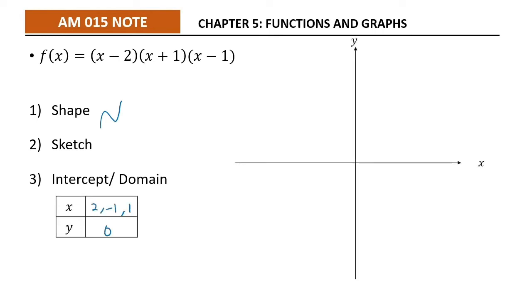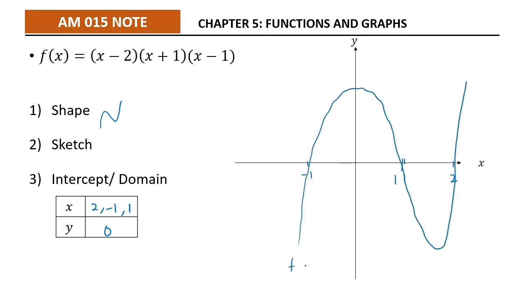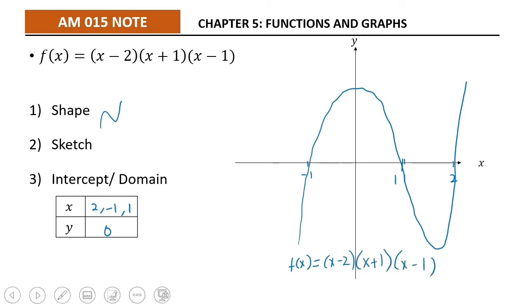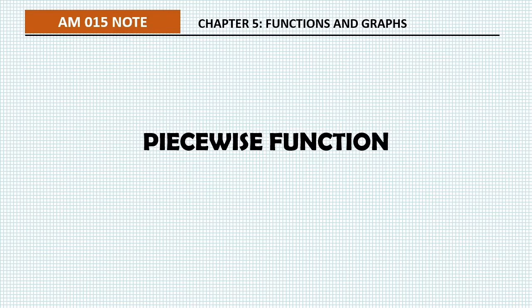Sketch graph: negative 1, 1 and 2. f(x) equal to (x minus 2)(x plus 1)(x minus 1). When x equal to 0, y equal to 2.